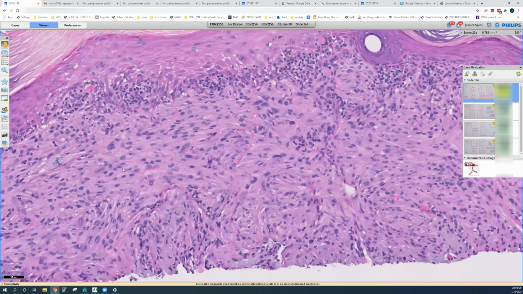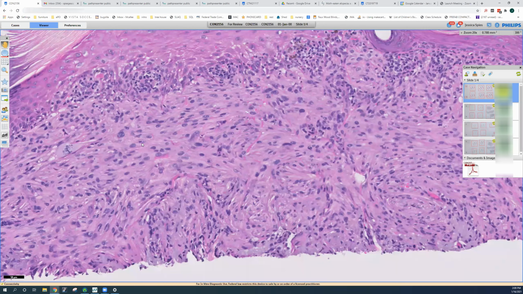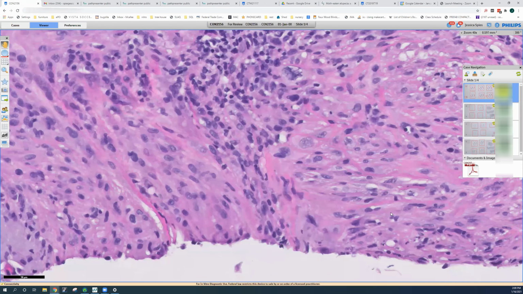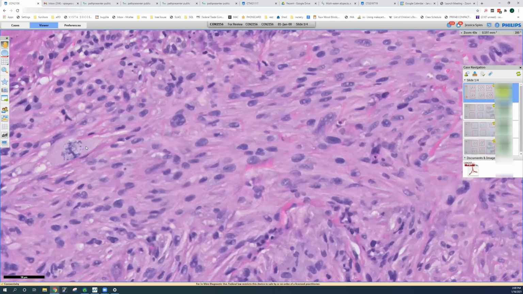See, look how pleomorphic these spindled cells are from one nucleus to the next. And I was looking for mitotic figures. I believe there are some. Oh, here's a beautiful one. Really atypical mitotic figure in that enormous cell.